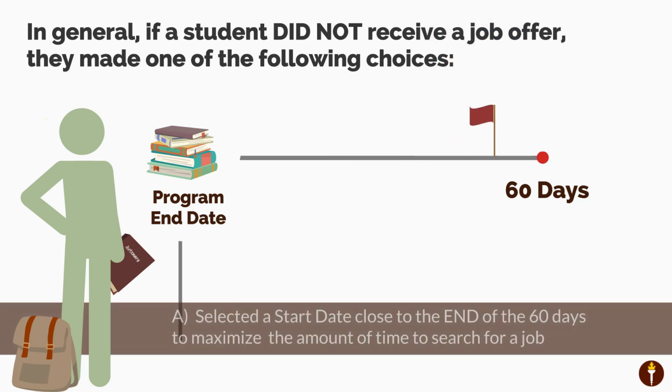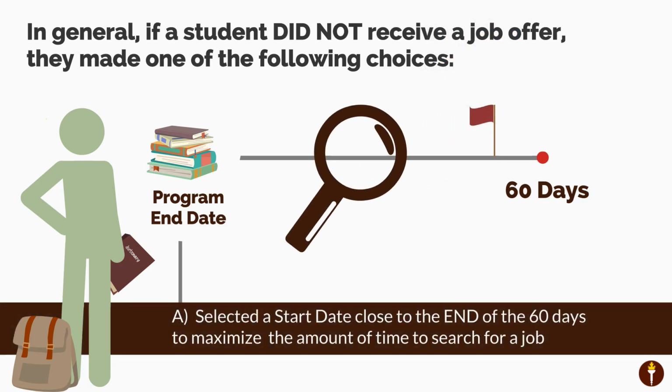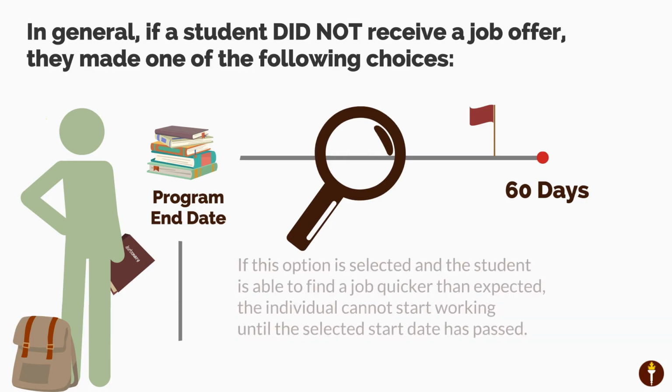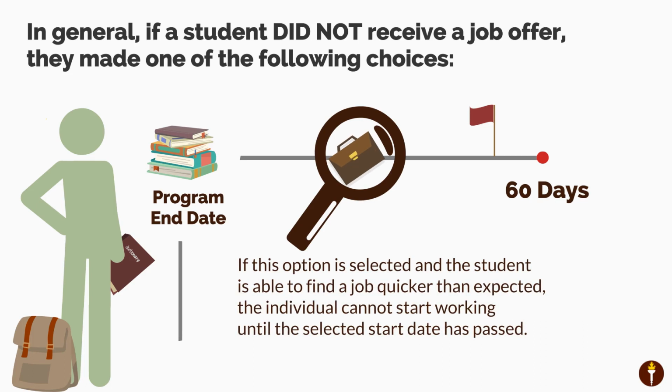They selected a start date close to the end of the 60 days to maximize the amount of time to search for a job. If this option is selected and the student is able to find a job quicker than expected, the individual cannot start working until the selected start date has passed.